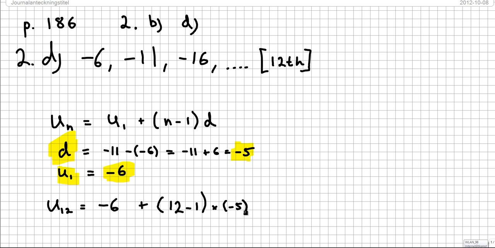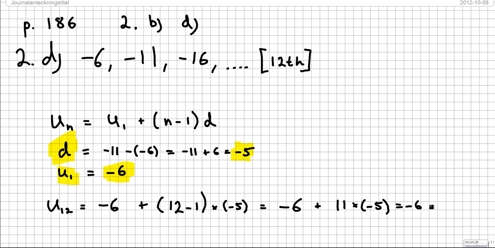I'm going to write negative numbers within brackets. Minus 6, just write it out, plus 12 minus 1 is 11, so 11 times minus 5. Minus 6 plus 11 times minus 5 is minus 55.